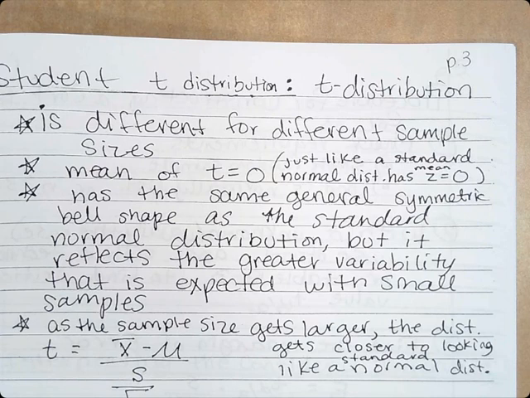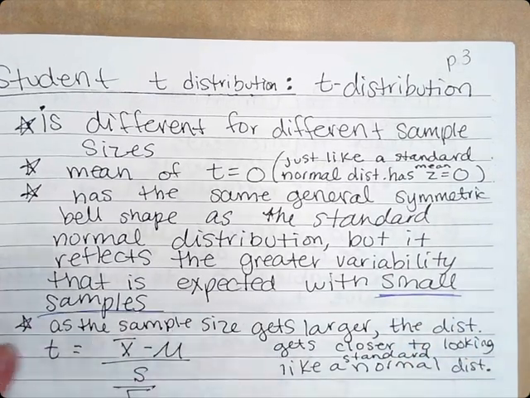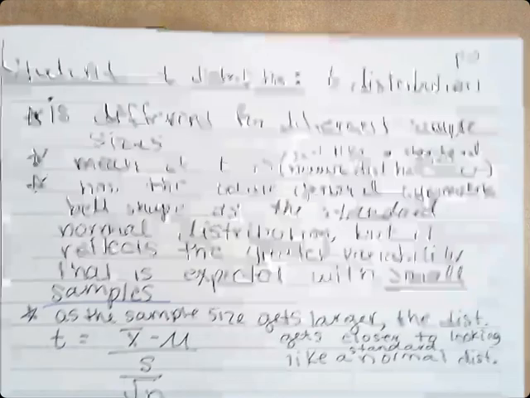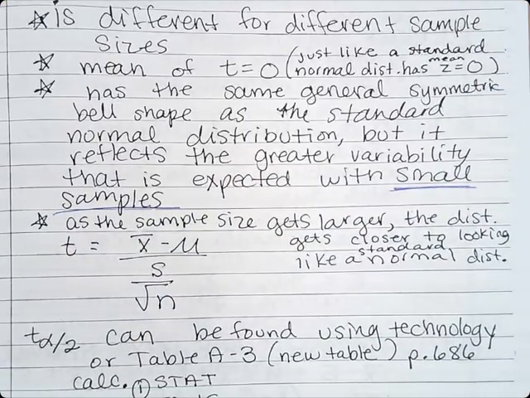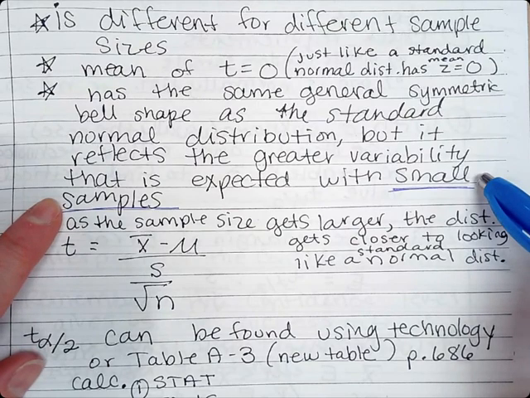It has the same general symmetric bell shape as standard, but it has greater variability that's expected with small samples. If you have small samples, there's more variability in your outcome. As the sample size gets larger, the distribution gets closer to looking like a standard normal distribution. But with T distribution, again, we're dealing with a small sample.